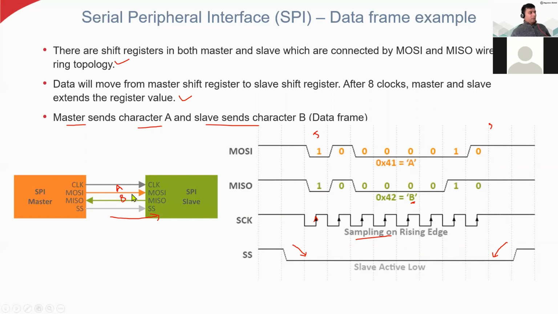So both can do it at the same time. Not like if it shares only one wire, then master first should send the A. After receiving the data, the slave will use the same wire and transmit the data again. That is the half duplex. And full duplex means we can do the bidirectional data transfer at the same time. It's not like a walkie-talkie.